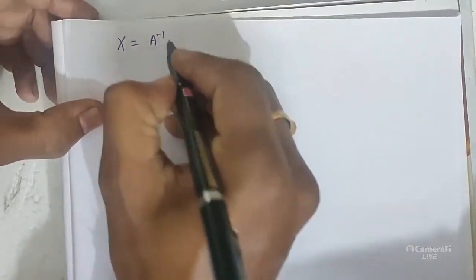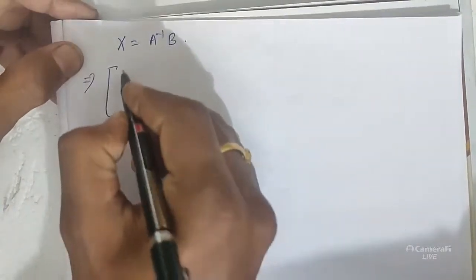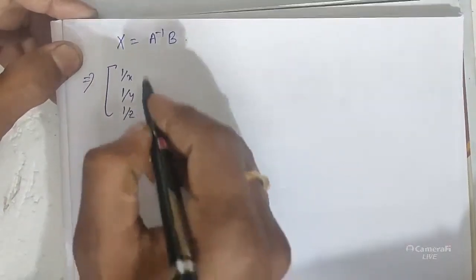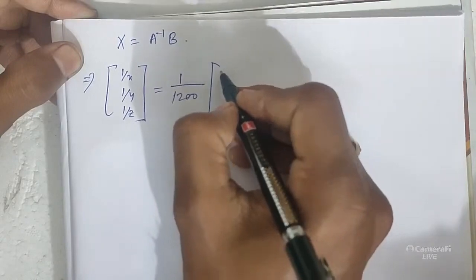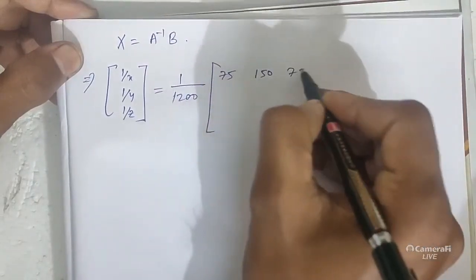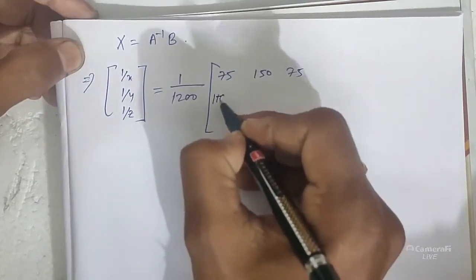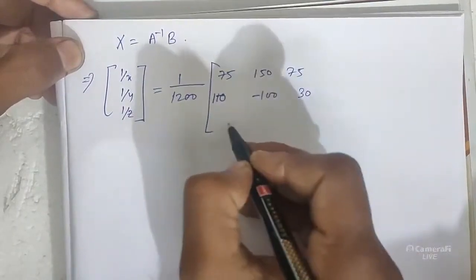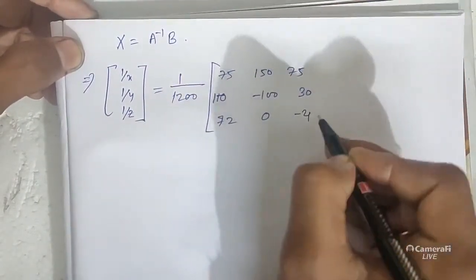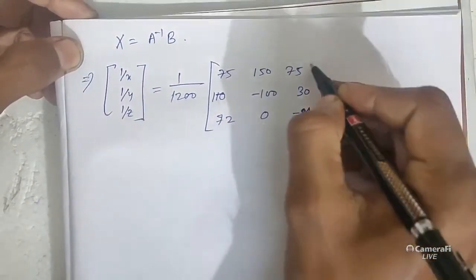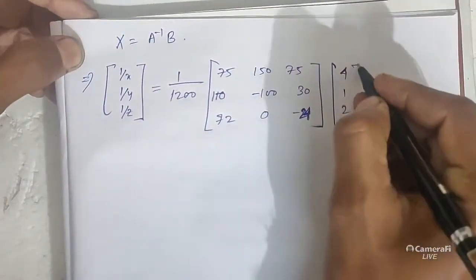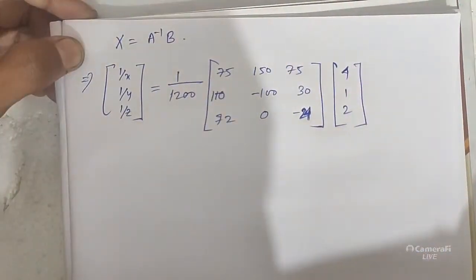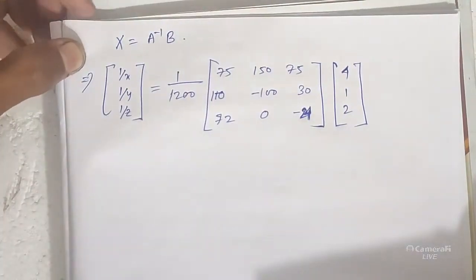Therefore X equals A inverse B, which implies 1 by x, 1 by y, 1 by z is equal to 1 by 1200 into the matrix 75, 150, 75; 110, minus 100, 30; 72, 0, minus 24, into B. B is given as 4, 1, 2.